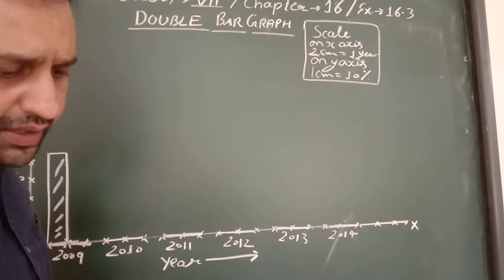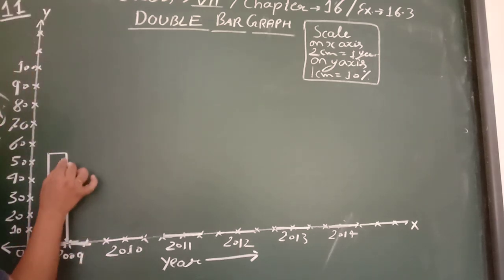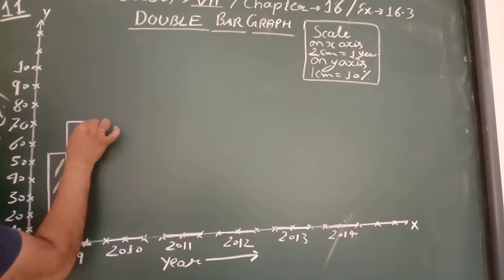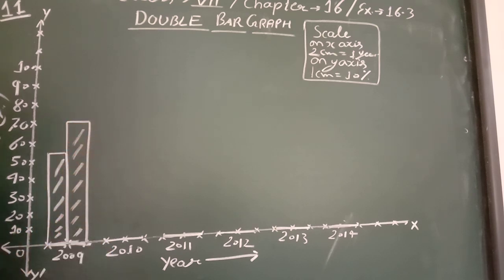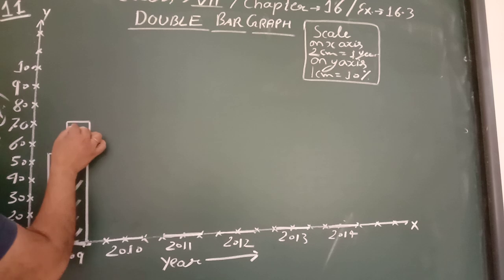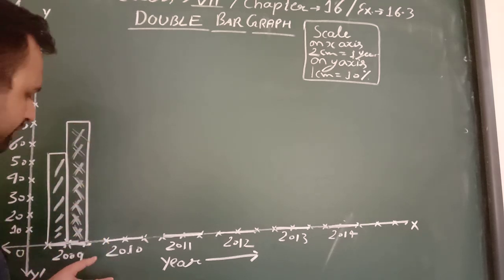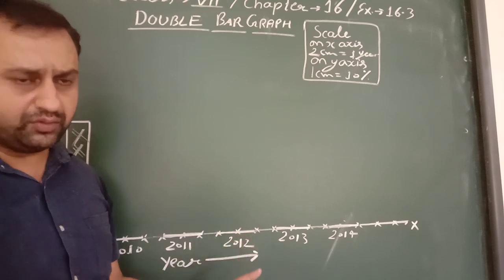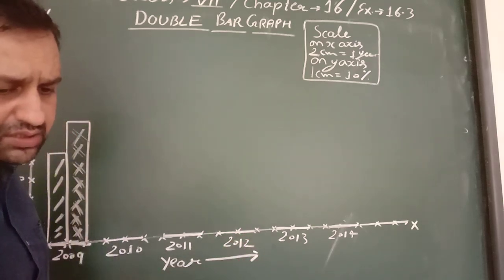For the same year, the annual examination result is 70%, so we draw another rectangle just attached to it, and it is the rectangle for the annual examination, so we shade it differently. Similarly we draw the bars for the pre-board and annual examination of the same year.